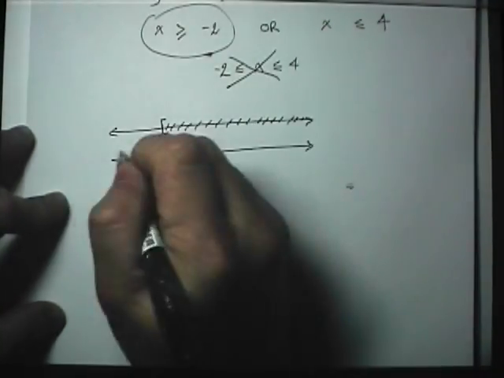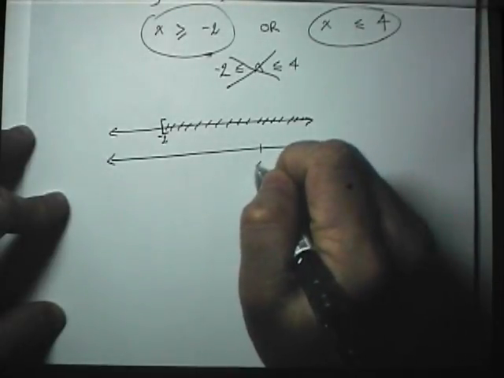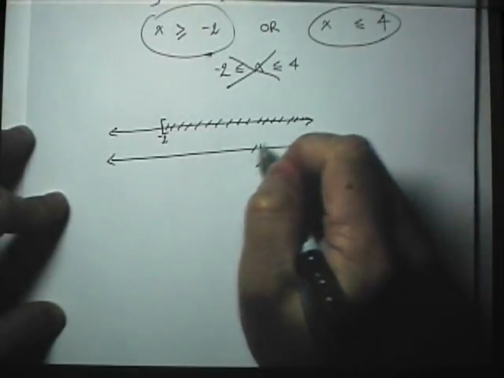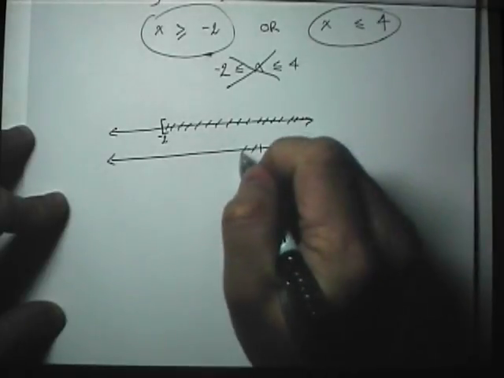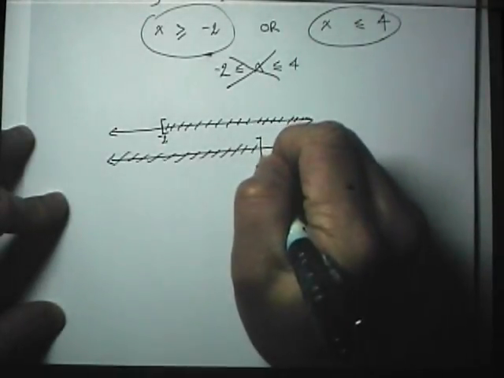The second line is for that second solution. And 4, you can think about 4 is somewhere there. And of course, 4 appears to the right-hand side of -2. And we want x less than or equal to 4, so I'm shading all that here. And then I'm using brackets again on 4.